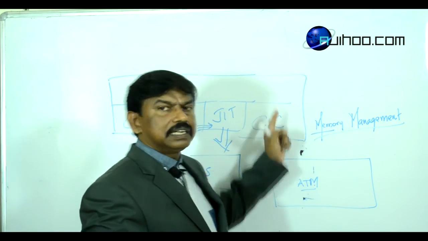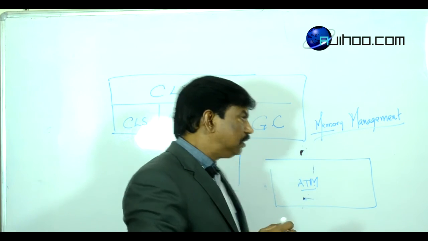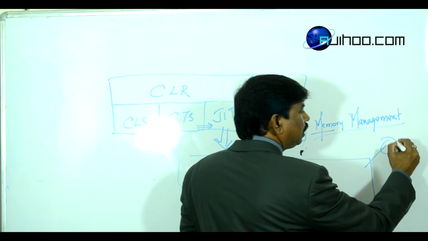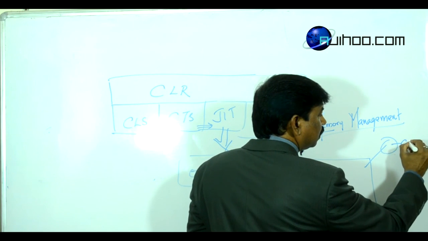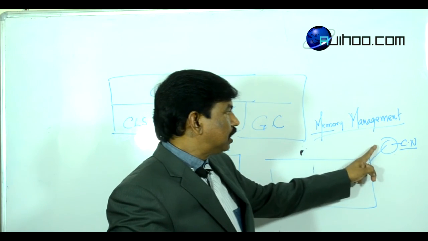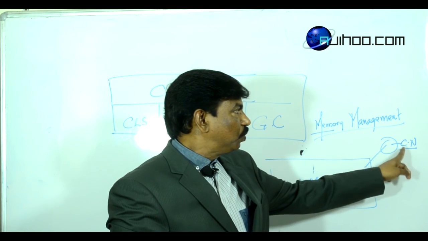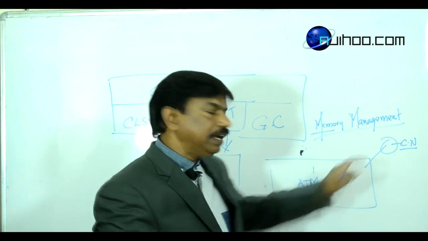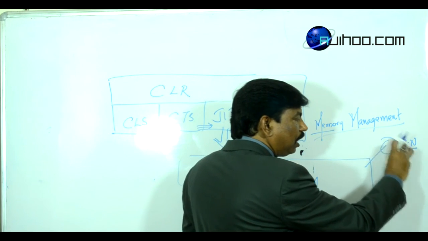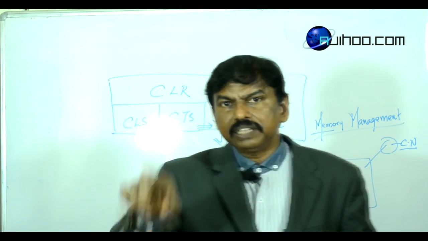So the garbage collector will allocate the memory for the card number, and it will store the card number in certain memory. Card number will be allocated by the garbage collector, and this memory will be allocated by the garbage collector to store the card number. Okay. And second, once the card number has been stored, it will go to the database, and in the database it will check the card number.